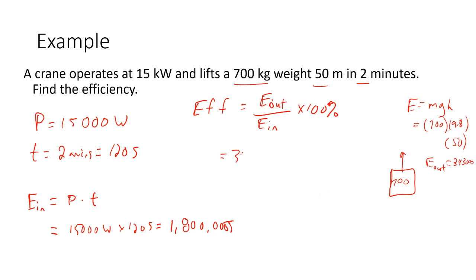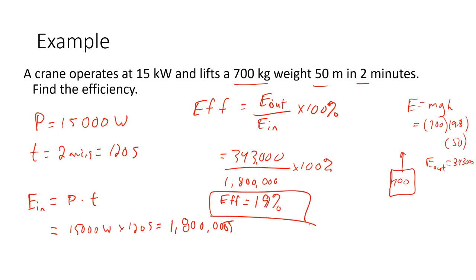If we compare that 343,000 joules over the 1.8 million that we put into it, and we find that number as a percent, the efficiency of this crane is going to be 19%. It's a comparison between our energy output versus our energy input.